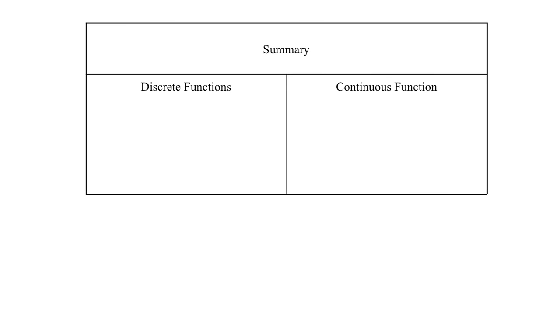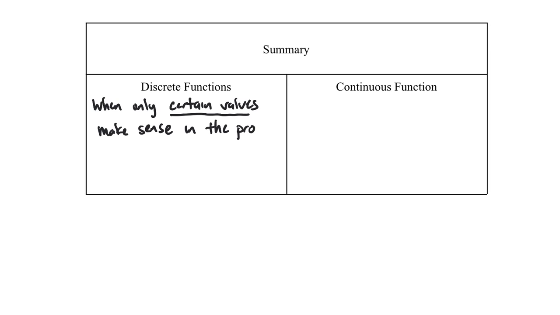So basically, discrete functions are when only certain values make sense in the problem. And a continuous function is when all values make sense.